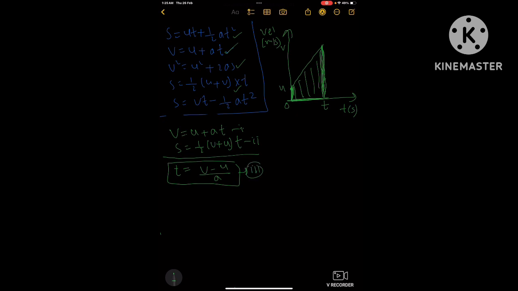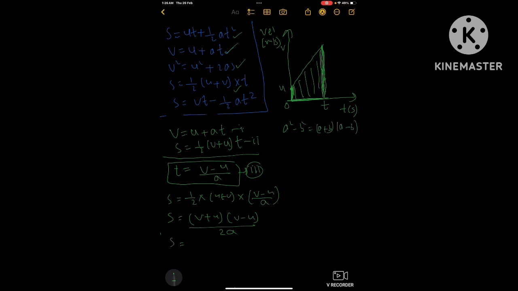Substitute t into the second equation: s equals 1/2 (u plus v) times (v minus u) divided by a, so (v plus u)(v minus u) divided by 2a. So (v plus u)(v minus u) is the difference of two squares. We know that a squared minus b squared is (a plus b)(a minus b).